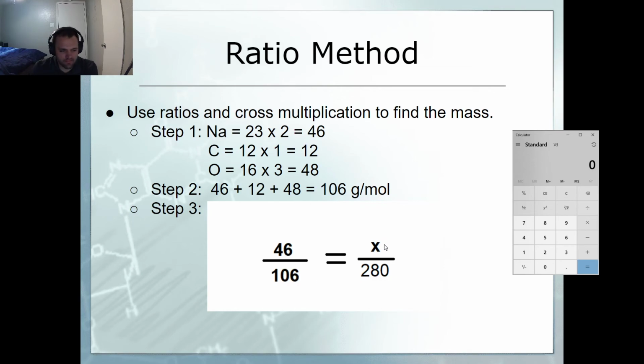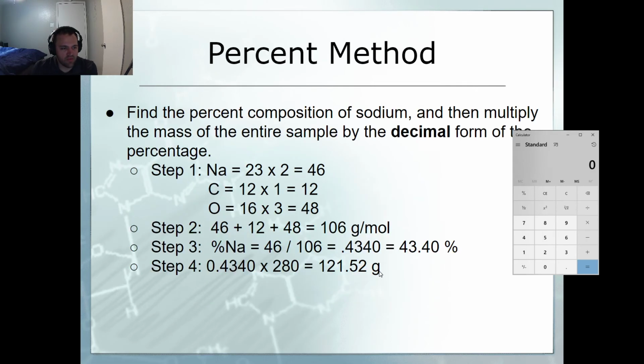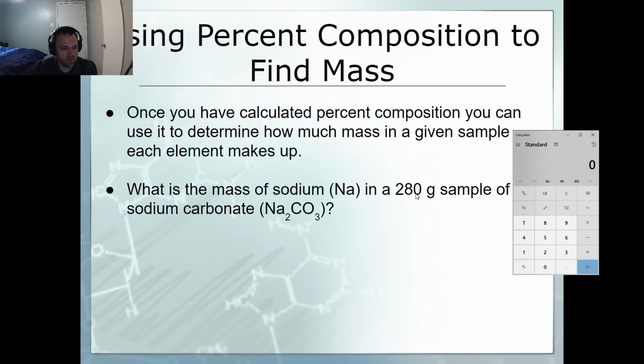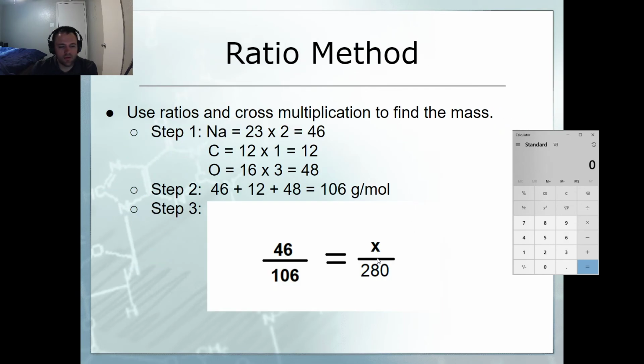And then on the other side, you're going to put an X above the mass of the sample, right? So the mass of the sample is still 280 from this question here. All right, and once you've got this set up, you just cross multiply and solve for X, right? This is something you should have done in algebra. We've done it a little bit earlier in the year, so you should be at least somewhat familiar with cross multiplying like this.